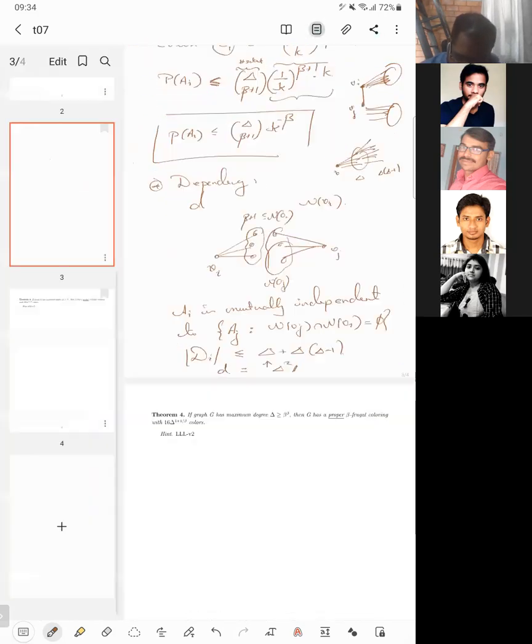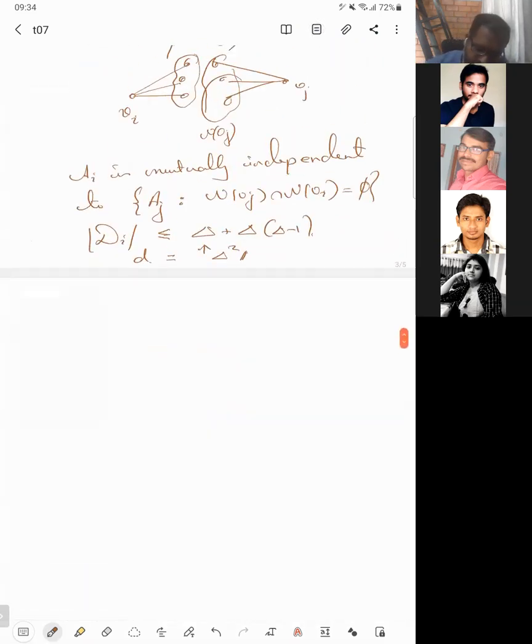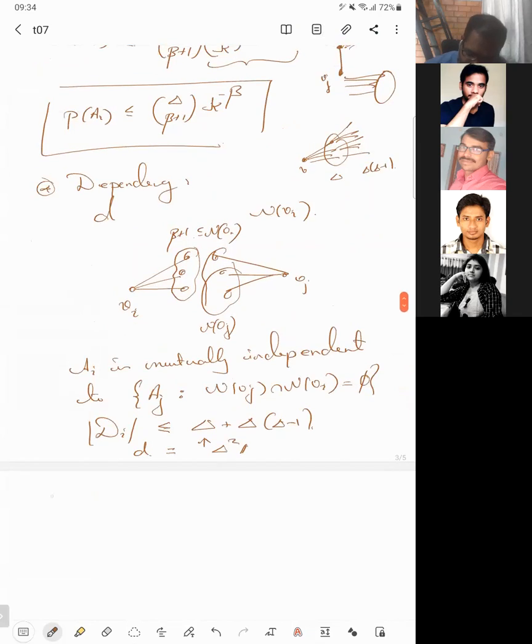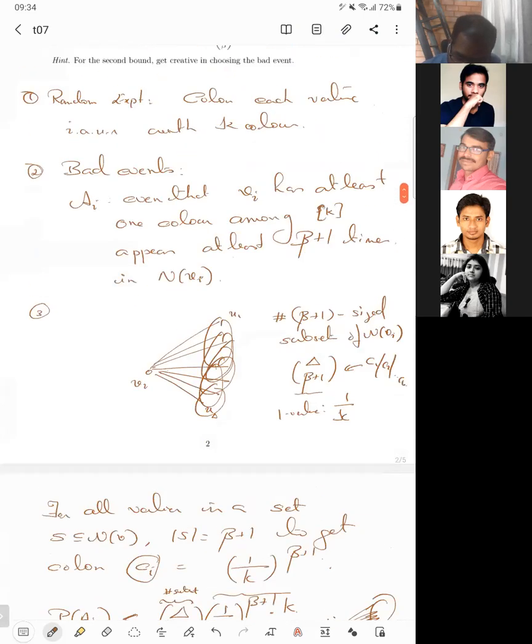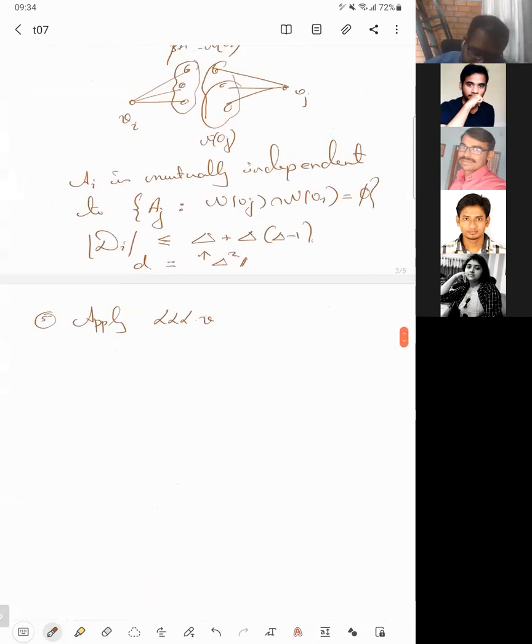So we are almost there. Now the last step is to apply the lemma, which in this case I think is the local lemma, because E comes in. Whenever in the question you see an E, you should think about applying the local lemma, which would mean we want something like e P (D plus 1) less than or equal to 1.